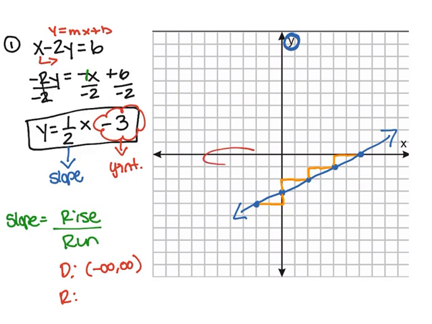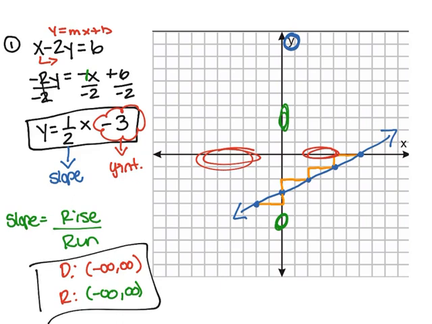This line is on the left side of the x-axis as well as on the right side of the x-axis. The range would also be from -infinity to +infinity because this line is going to come up into the top part for y, and it's also in the bottom part, the negative part of y. So don't forget domain and range because you will be asked domain and range on these lines.